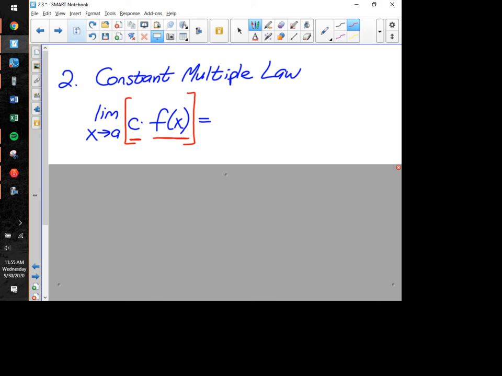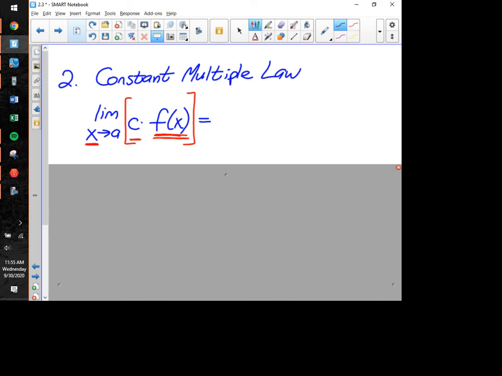And the way that you know that c is a constant is not just because we use the letter c. It's because this letter used right here, x, that's the variable of the function. So this is a limit as x is approaching some arbitrary constant value of a, and since x is the variable, we know that f of x is the variable function.